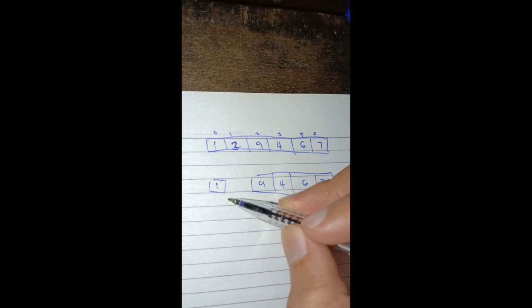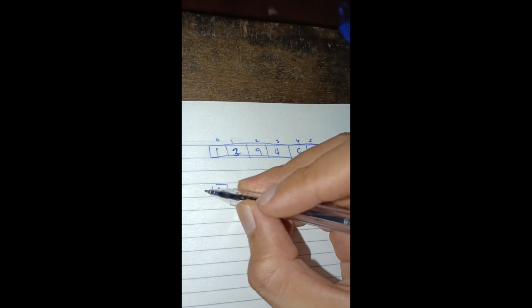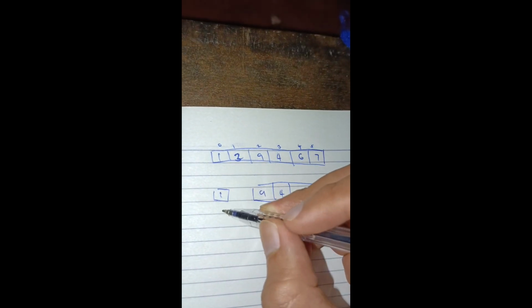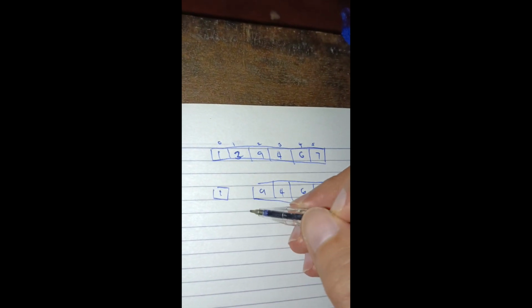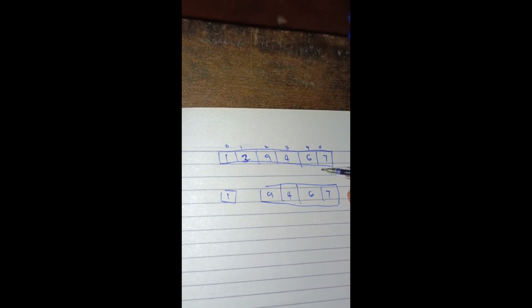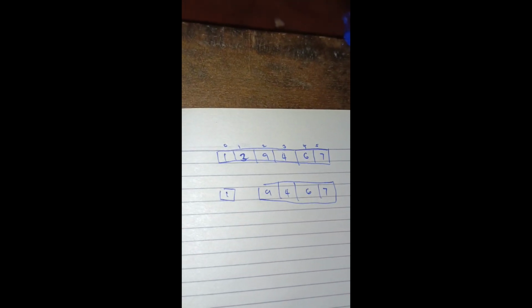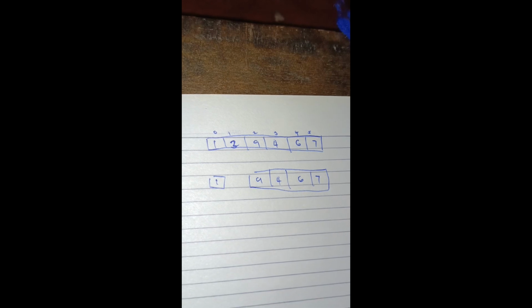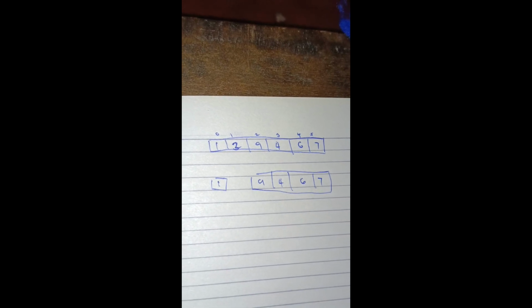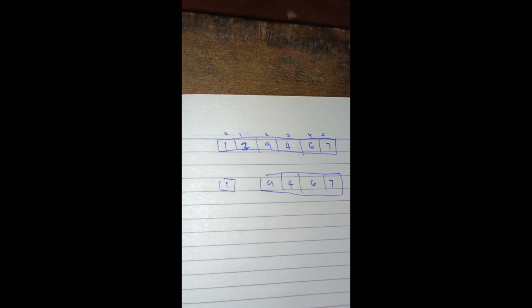The code will automatically end for the single element, because by the definition of the quicksort algorithm, if only one element is remaining, the code will automatically terminate.